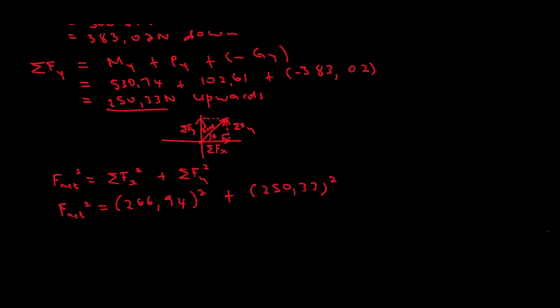If you look at this, I can take the square root on both sides to find the magnitude. So this is the square root of 266.94 squared plus 250.33 squared. Let me work out the answer.